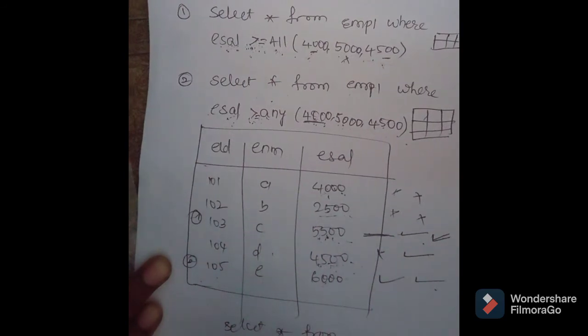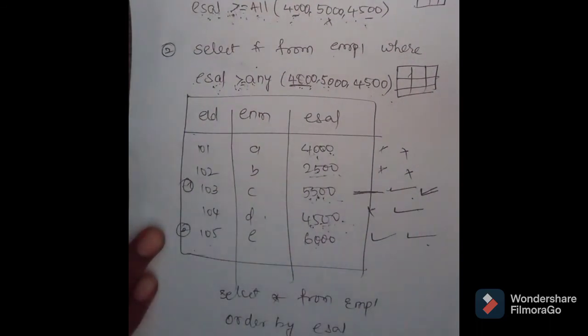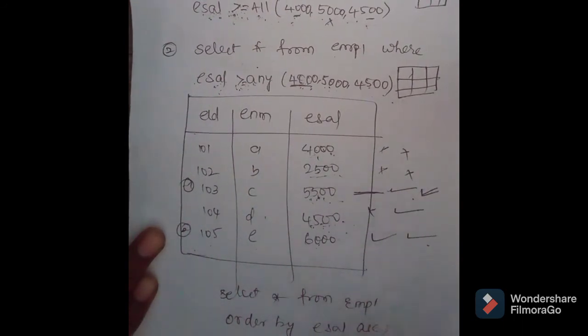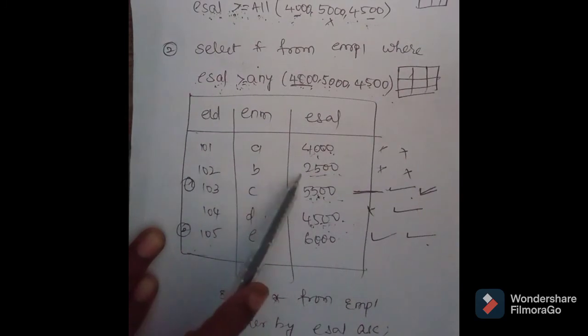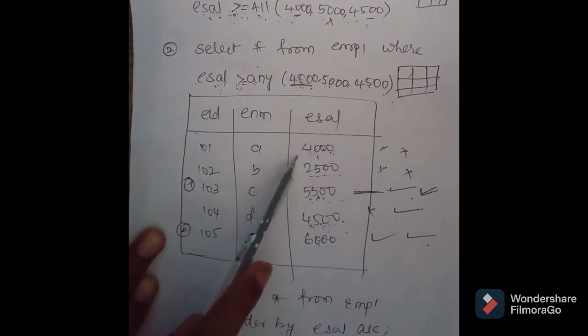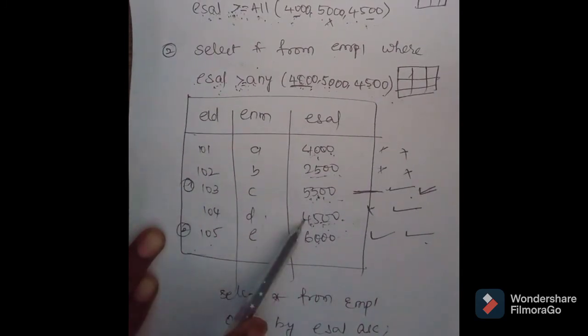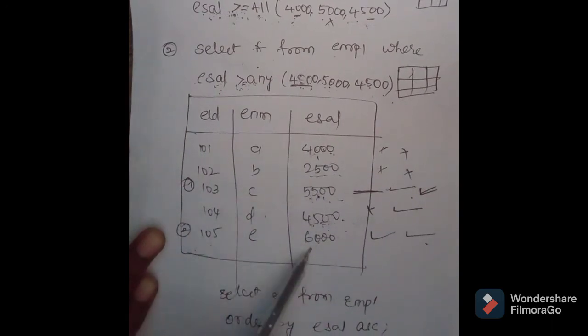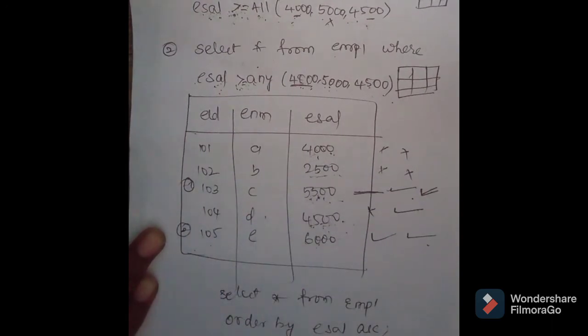Order by e salary. First I want to display the values in ascending order, that means increasing order. So if you write ASC, what will happen? First the 2500 row will come, next 4000 row will come, next 4500, next 5500, next 6000. So the salaries are arranged in ascending order.